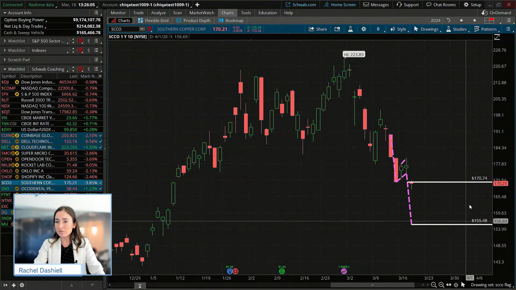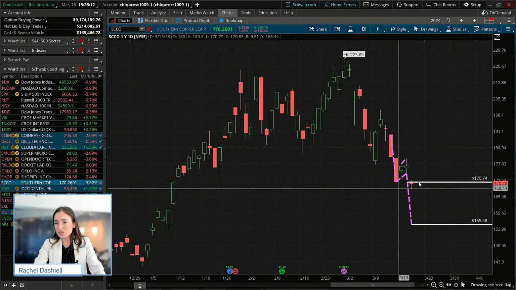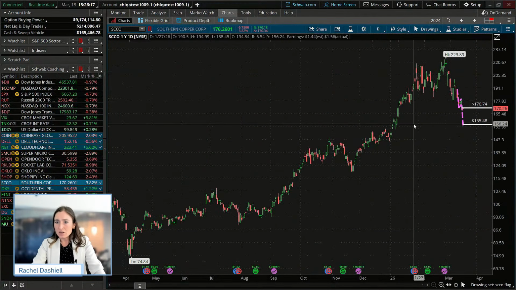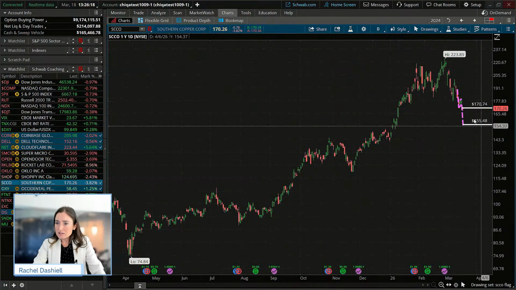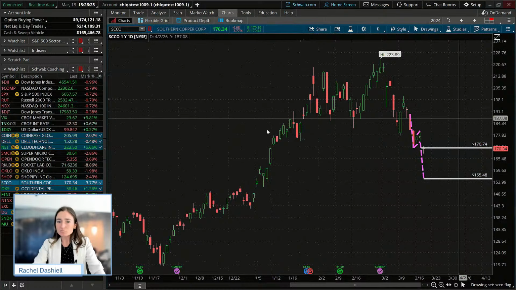So 155.48 and 170.74 are those two levels to watch. Now, obviously, price is fiddling with that right now. So we can see, just kind of zooming out, that's where those levels reside.